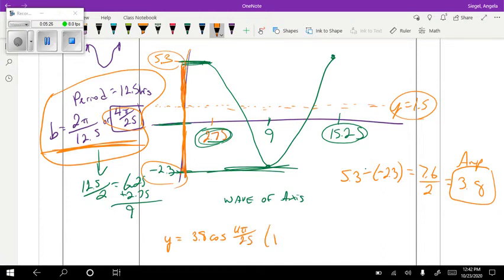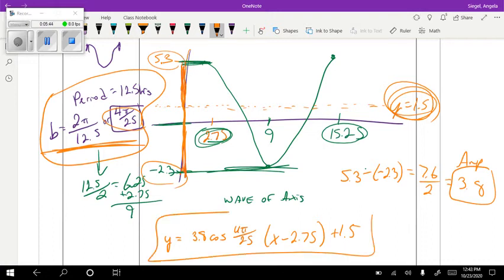And I shifted it to the right 2.75, so it's going to be minus 2.75. And our midline, or that wave axis, is 1.5.